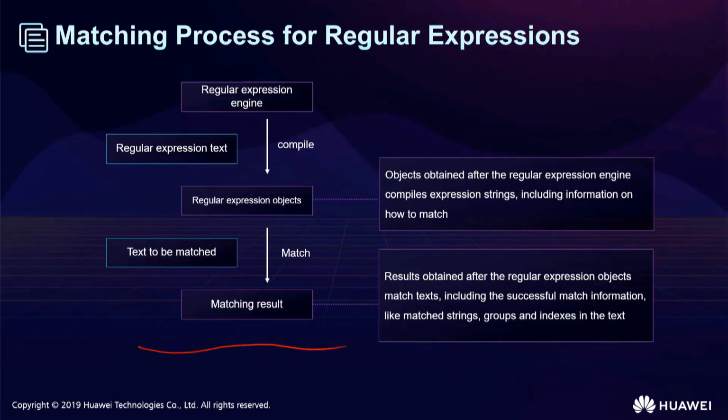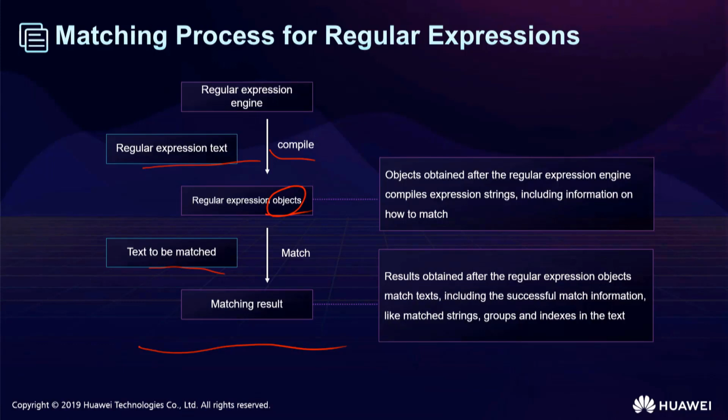The regular expression engine compiles the expression string, which also includes how to match the information. After compiling, we will get an object, and then we use the object to match our text. In this match process, we will match string groups and index in the text.